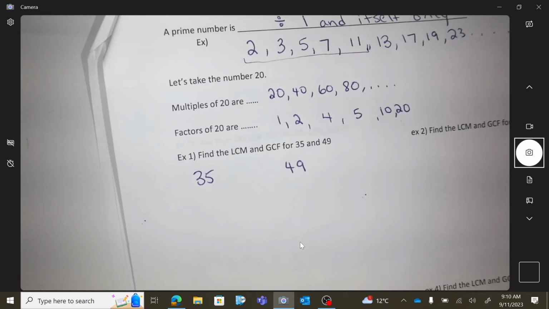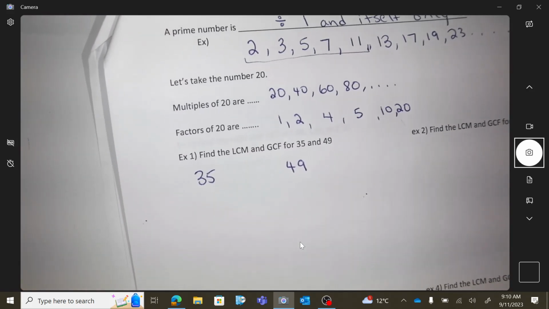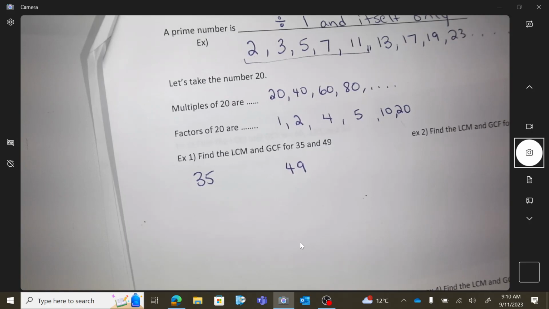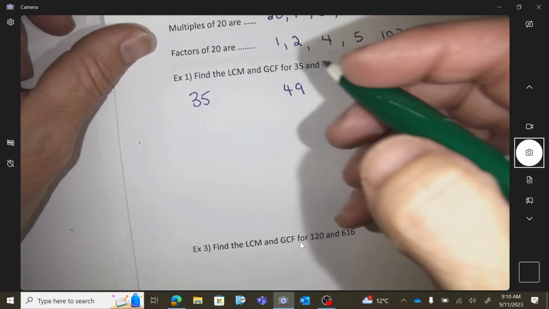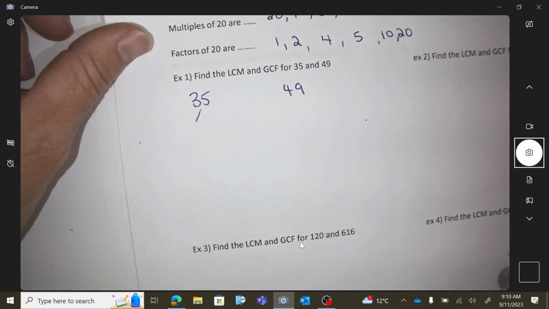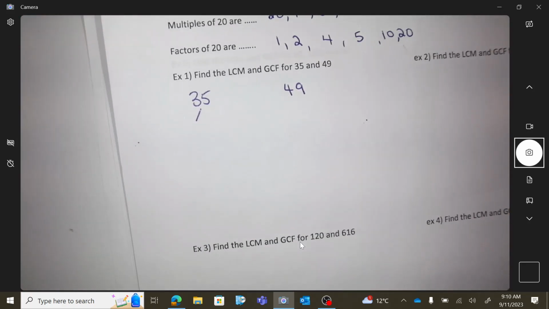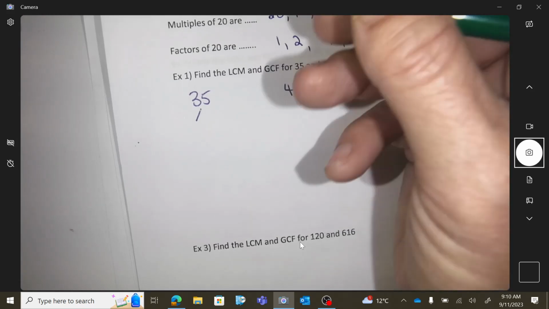So we're going to try to find the LCM and the GCF for 35 and 49. So what I want to do as my first step is I want to get them into their prime factors. So 35 is divisible by, I'm going to go through my list, not 2, not 3, 5. It's divisible by 5.